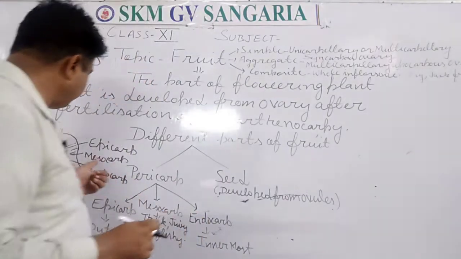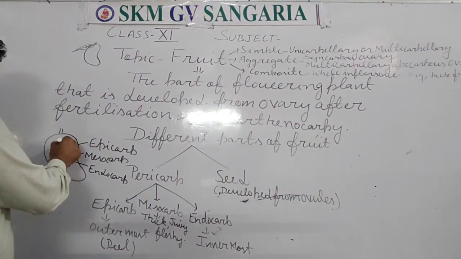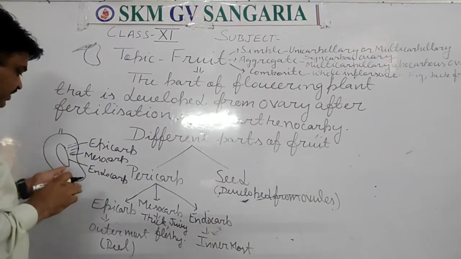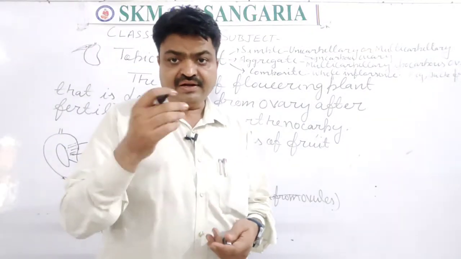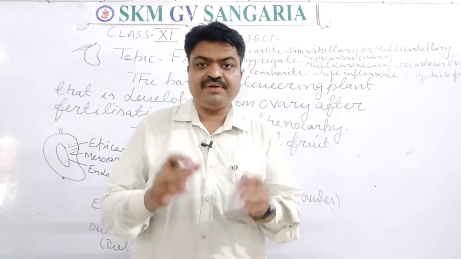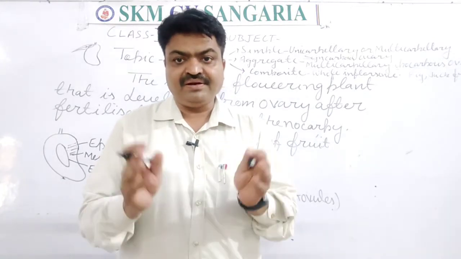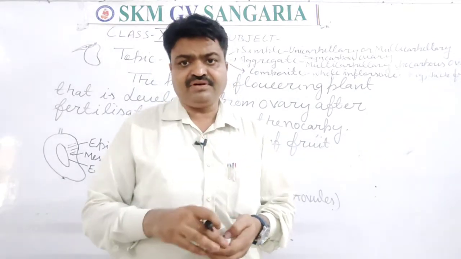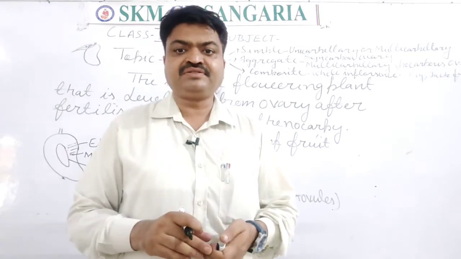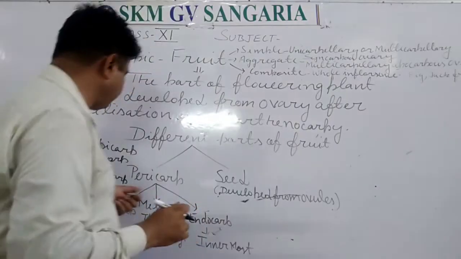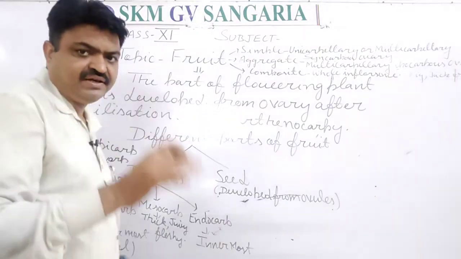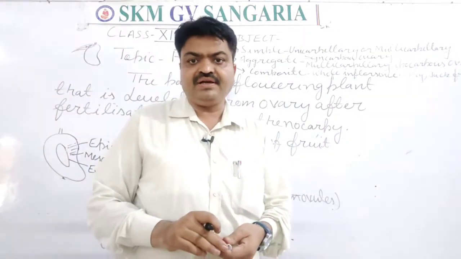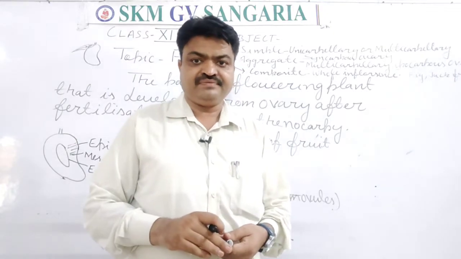And after the mesocarp, the innermost part of the pericarp is endocarp, students. And endocarp is a membrane-like structure, and it covers or protects the seed. It means the seed is covered by the endocarp, and it is a thin layer around the seed.